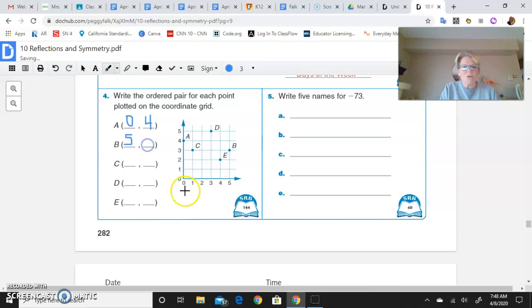Remember to always go over and then up. C is over 1, up 3. D is over 3, up 5. And E is over 4, up 2.